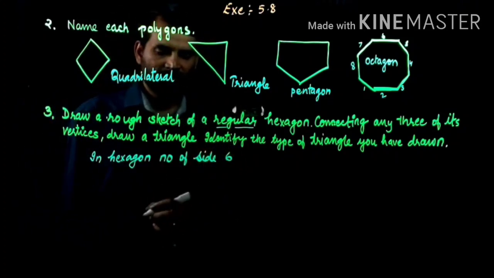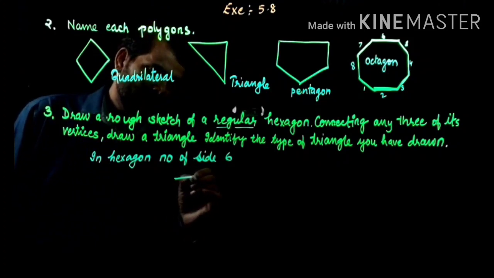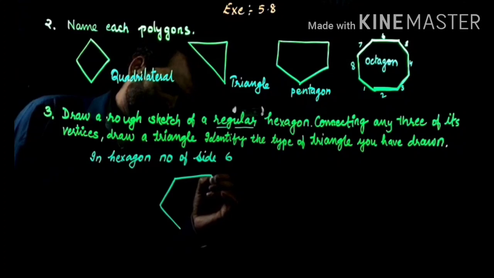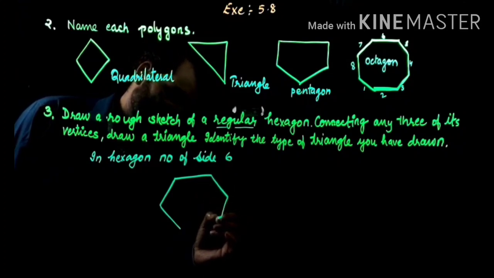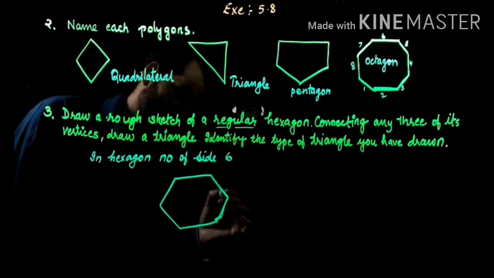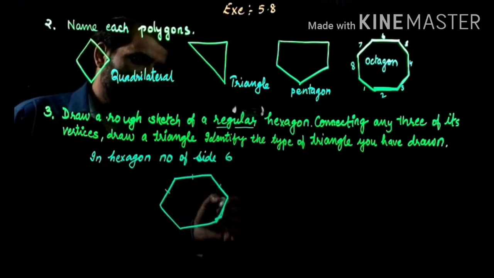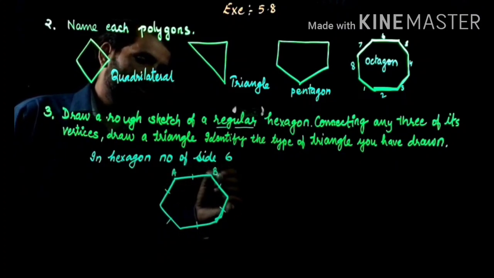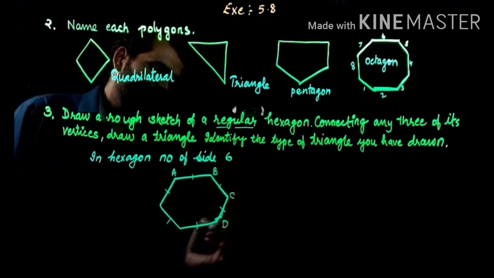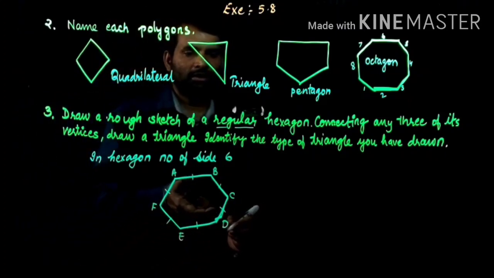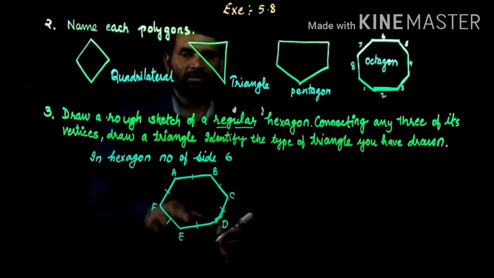Draw a regular hexagon, where the lengths of all sides are equal. Write the names A, B, C, D, E and F. The shape of the regular hexagon has all sides equal.